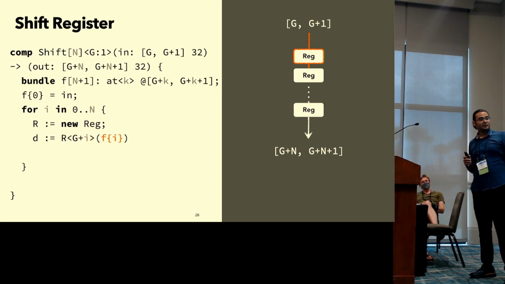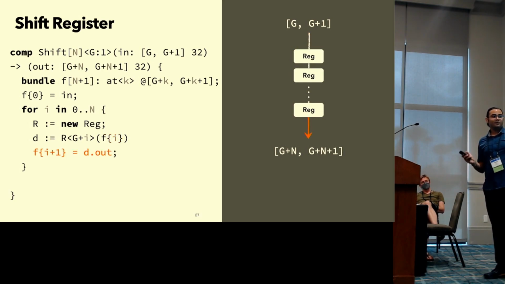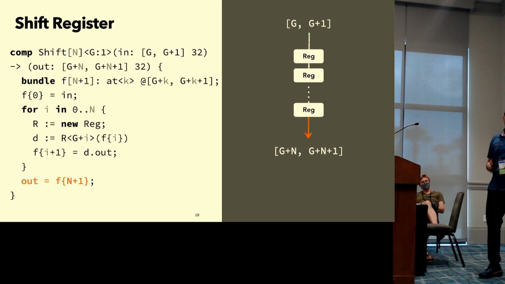And then we're saying that when I run this register in the ith cycle, I want to give it the input f of i, which means take the ith wire and connect it into the ith register. Right? And this makes sense because, again, we're building this chain of registers. Finally, we said that the output from that register is the input to the next register. And then the output from our design is the output from the last wire. Okay?